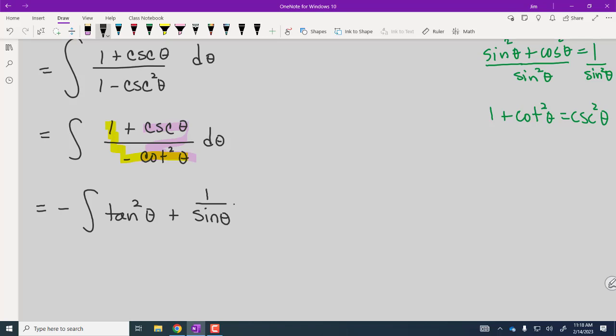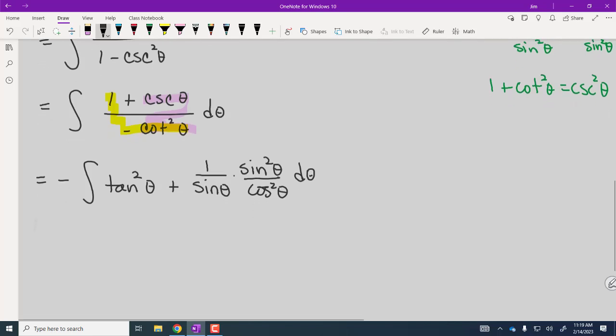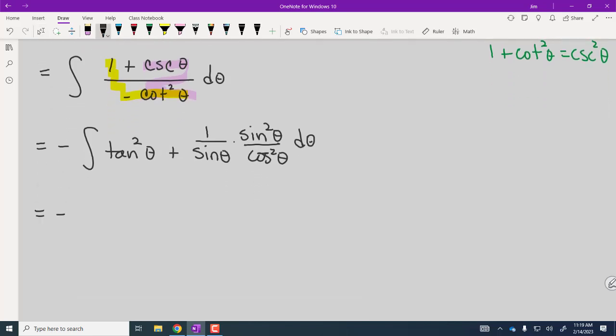So the reciprocal is going to give us sine squared over cosine squared d theta. Getting there. Okay, so then let's just leave this tangent squared alone for a moment. So here we can cancel out one sine. We have that.